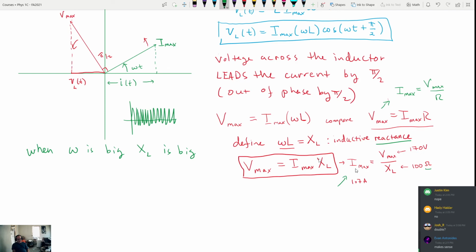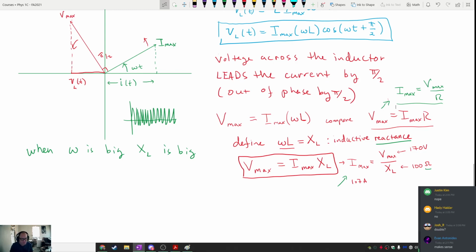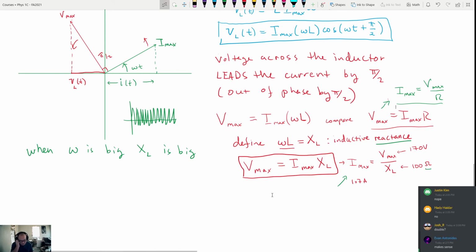The form of this equation, I max is V over XL, is exactly the same as the form of this equation. It's an easier way to describe what that inductor's doing without having to think about Ohm's law, Faraday's law, back EMF, and all that stuff. All right, I think that makes sense as a place to stop.